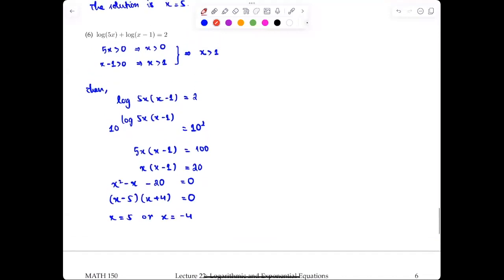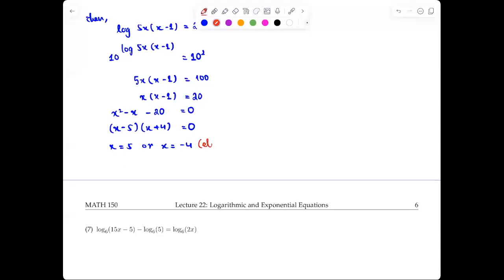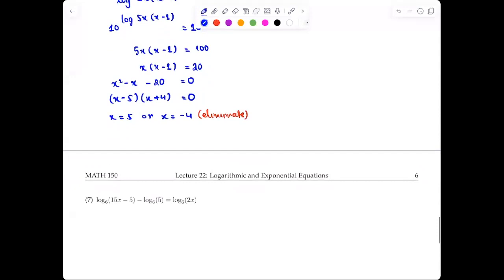But because of the domain that we found at the beginning here, x greater than 1, you have to eliminate one of the solutions, one of the results. So eliminate negative 4. So the solution is x equal to 5.